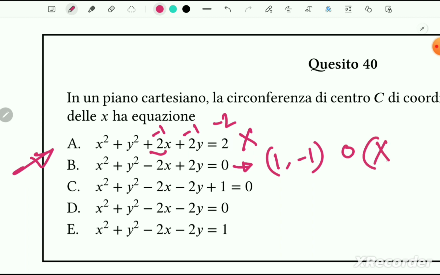So this is not the correct option. Let's check option C. It's (1, 1) and c also 1. So our answer is option C.